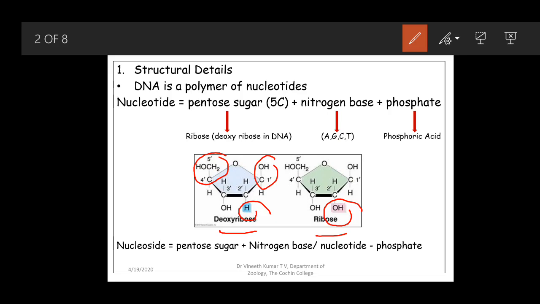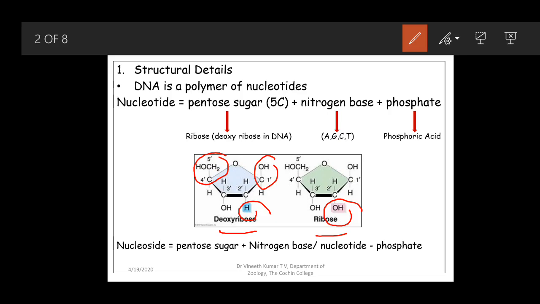The numbering is to distinguish these numbers from the numbers in the nitrogen base, because we'll see in the next session that the nitrogen bases are also ring structures, and hence the numbers are given as normal 1, 2, 3, etc. So to distinguish the numbers of the sugar and the nitrogen base, they have given such a numbering system.